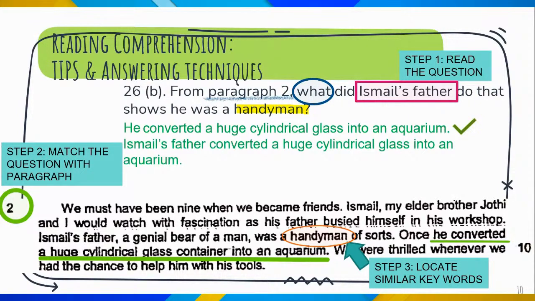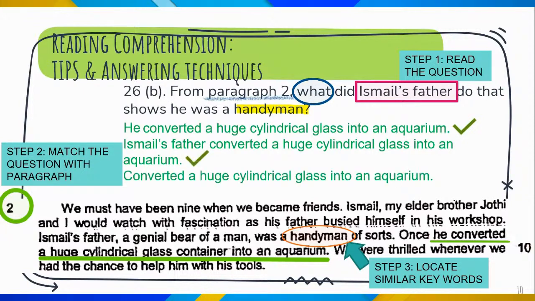Or you can write, if you're not sure with the pronoun, Ismail's father converted a huge cylindrical glass into an aquarium, okay? And then you can also straight away write converted a huge cylindrical glass into an aquarium, okay?